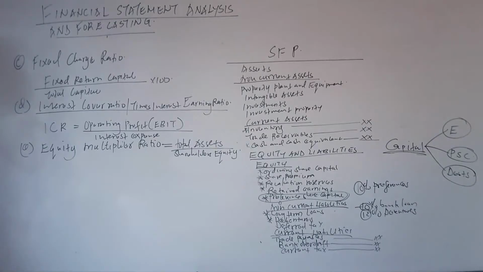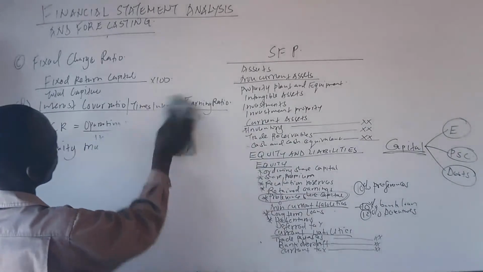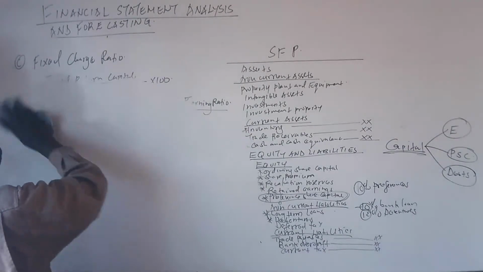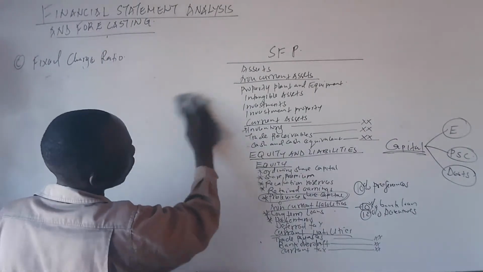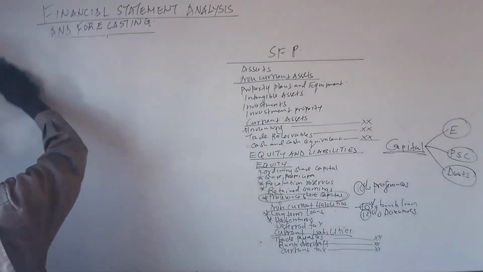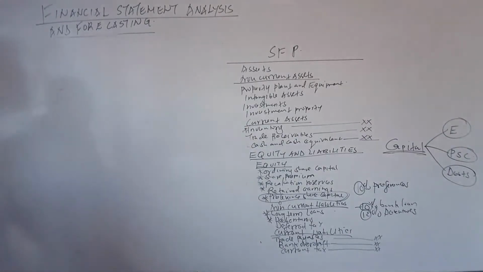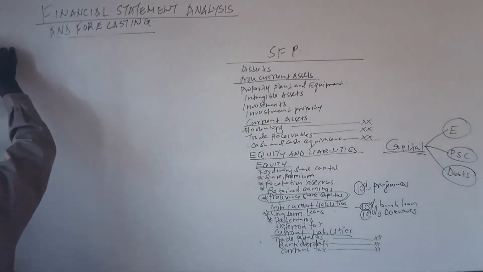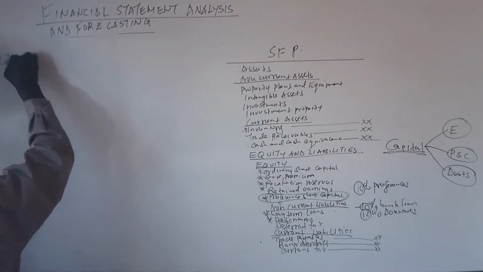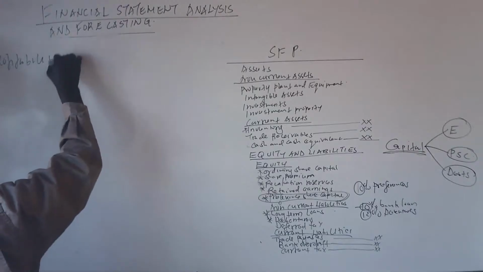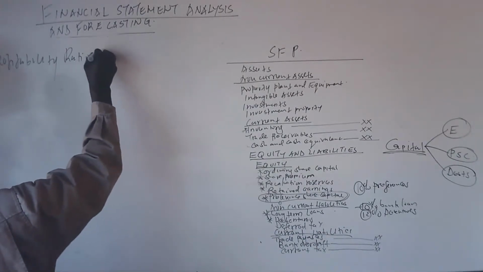Ratio number 4 was profitability ratios. We talk about profitability ratios.